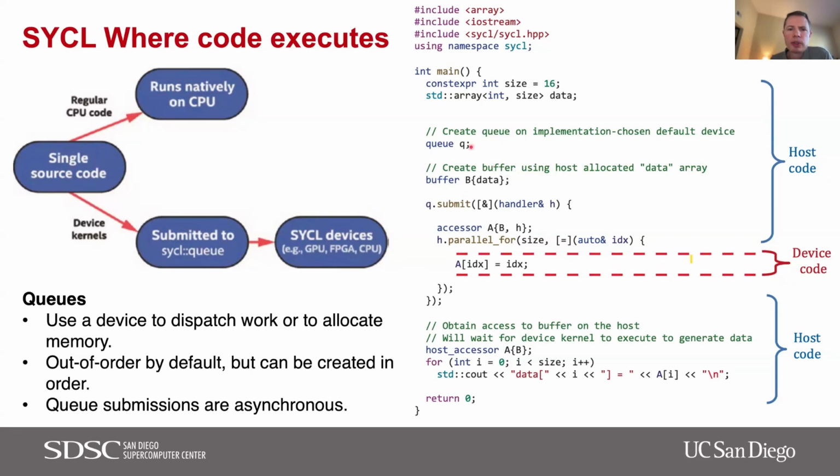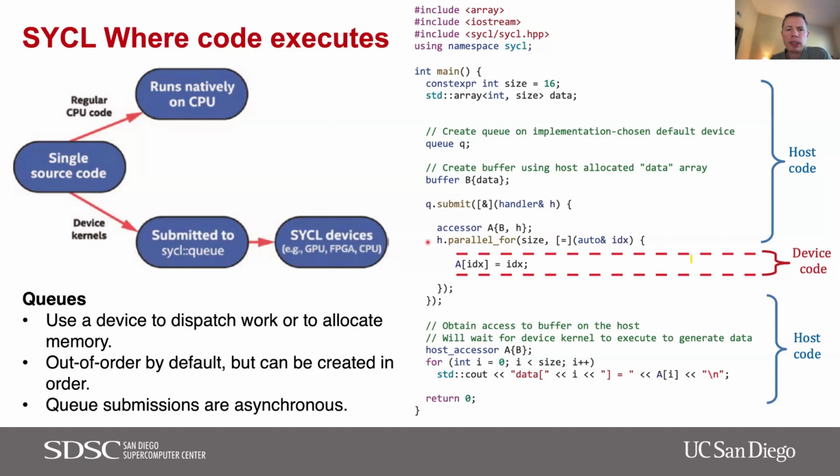This is something different. So this is not allocating the memory explicitly. There's two different ways of handling memory, and I'll explain this a little bit in a few slides. But that's basically creating a buffer for the data, and that's allocated on the host. And then we would submit to the queue using this handler source code here.